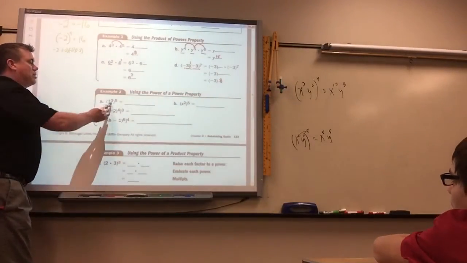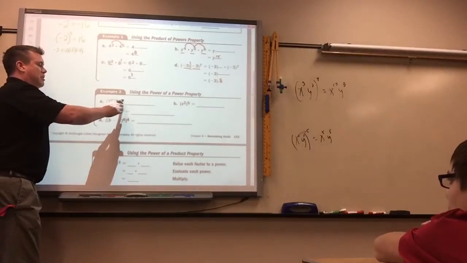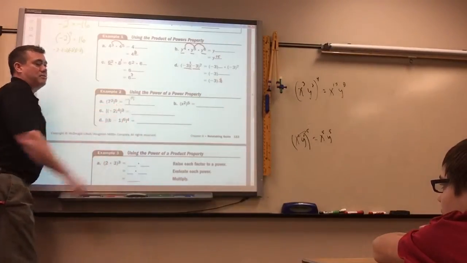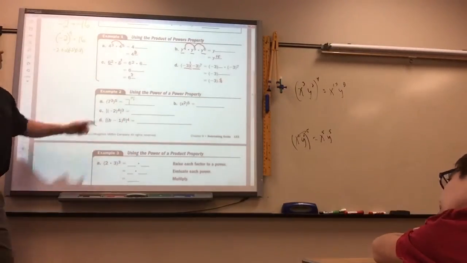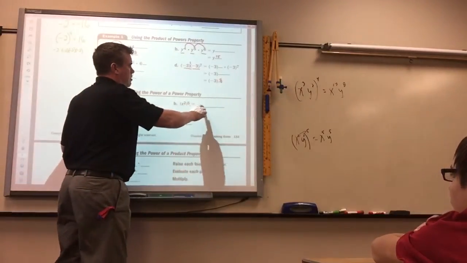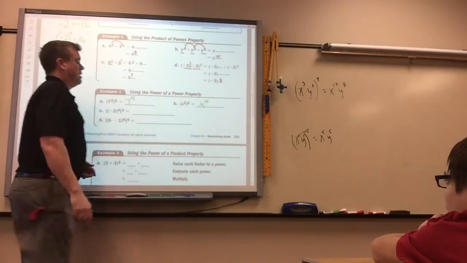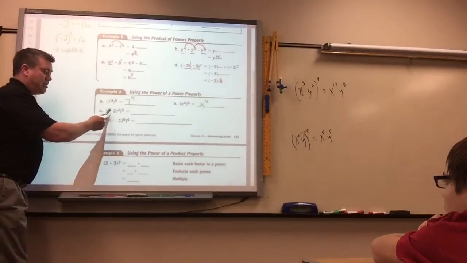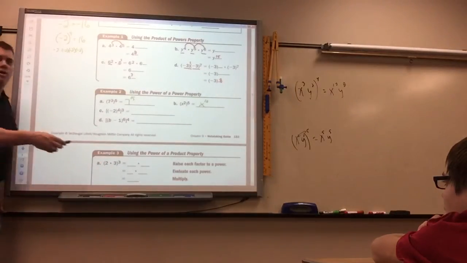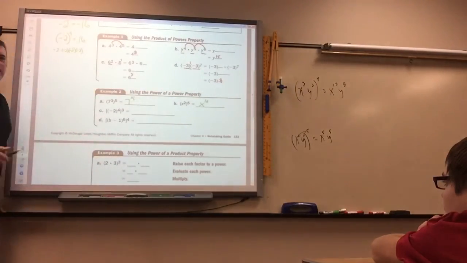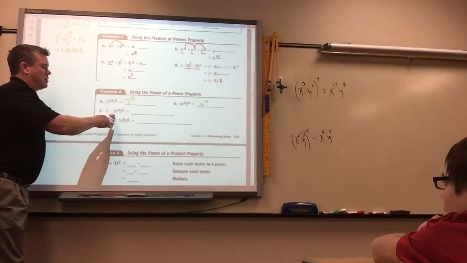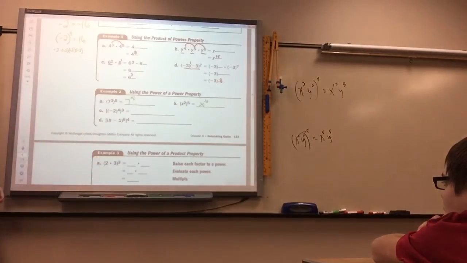So, power of a power, 7 to the 3rd to the 5th, 7 to the 15th. You gotta multiply. A power to a power, you just multiply. Here they've got the brackets, the way they look, it doesn't mean you do something different. They just use the rounded brackets and the square brackets so it doesn't look as cluttered.